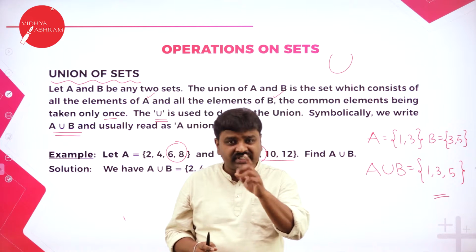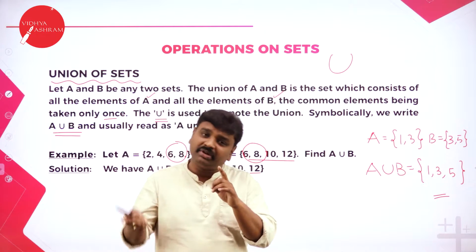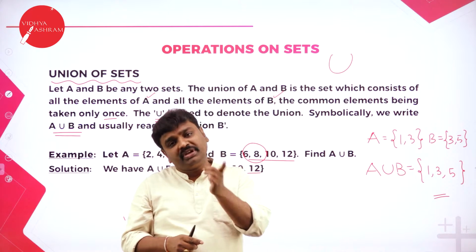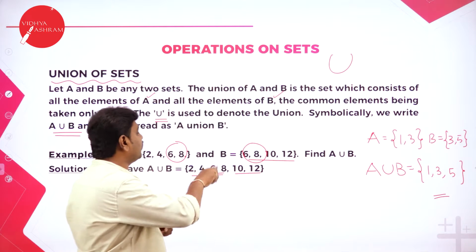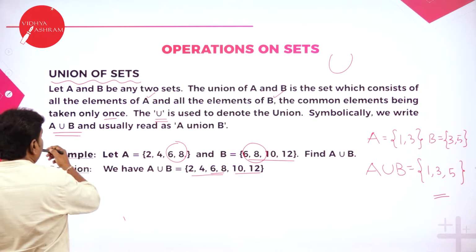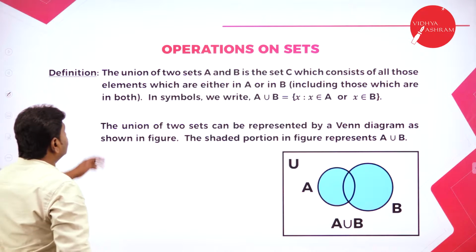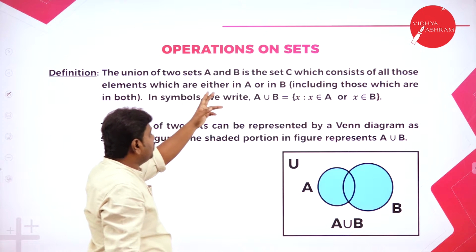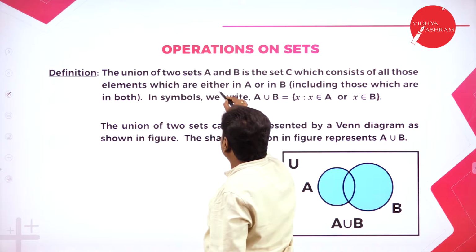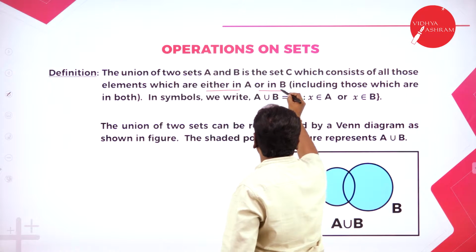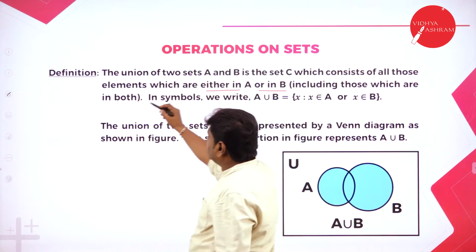A union B is a set which contains elements of A also, elements of B also. But common elements you should take only once. So how to really define it? The union of two sets A and B is the set C, which consists of all those elements which are either in A or in B, including those which are in both.